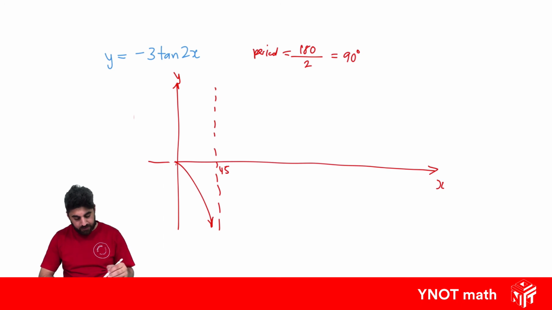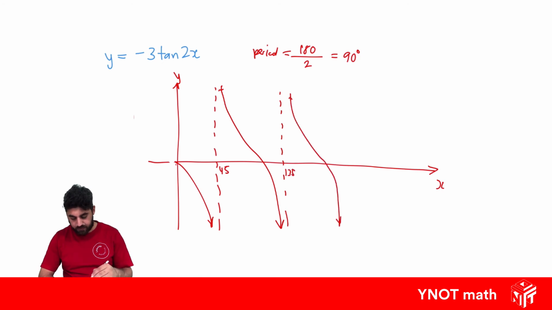And now we can keep drawing our tan graph in, knowing that we're getting 90 every time with a period. So that would get us to 135. Another 90 would get us to 225.